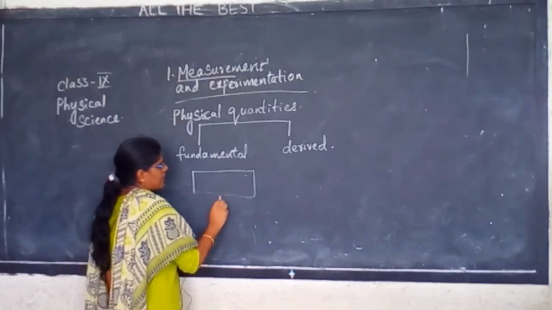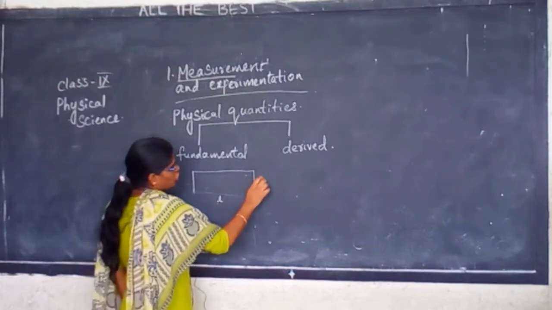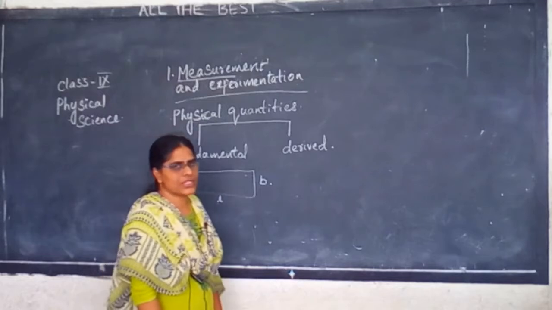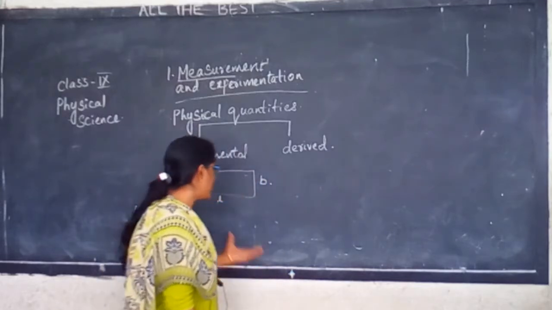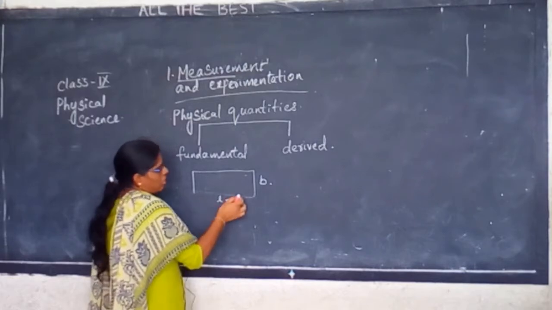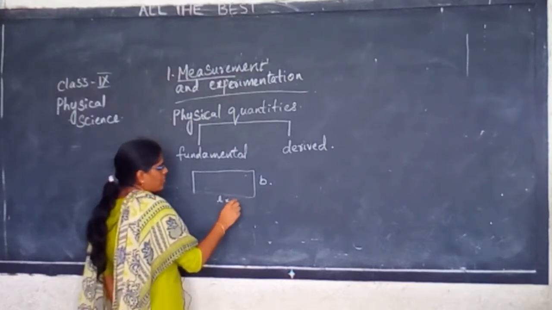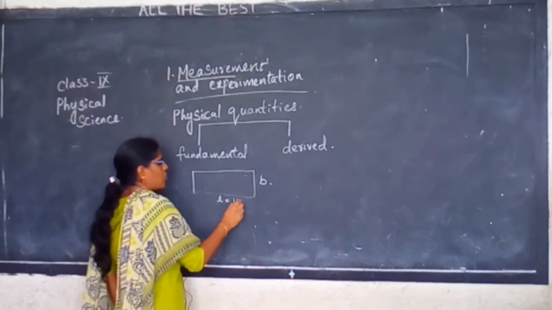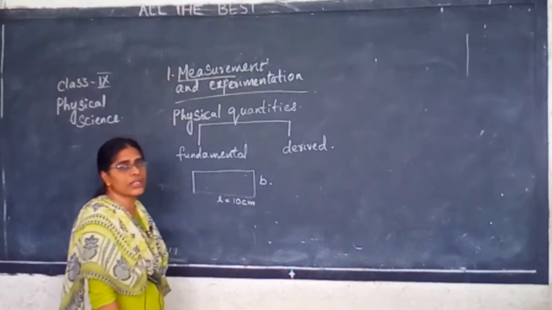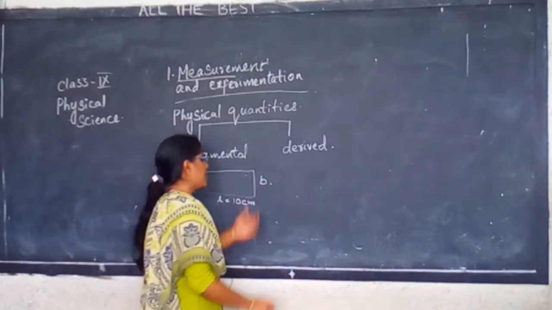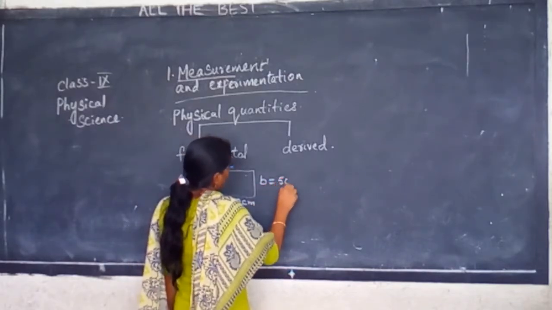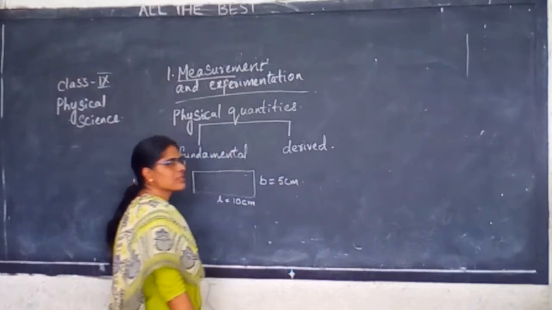It has length and it also has breadth. In order to measure the length, we use either a ruler, a scale, or a measuring tape. By using a scale, we measured the length as 10 centimeters. By using the same scale, we measured the breadth as 5 centimeters.